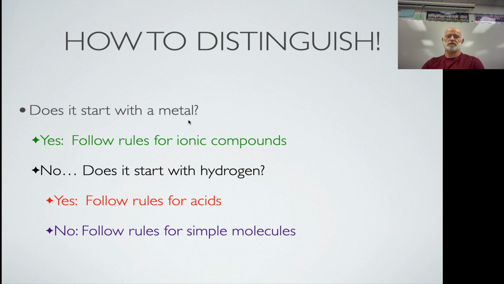So if it starts with a metal, then yes, your rules are going to be for ionic compounds, because all ionic compounds start with metals. That's actually a distinguishing thing about ionic compounds, is they begin with a metal. Okay? So, if it starts with the metal, then you follow the rules for ionics.